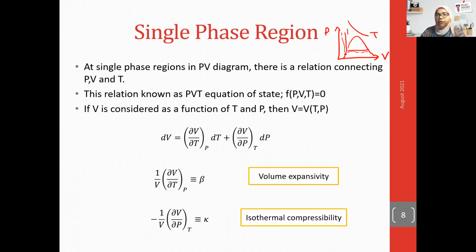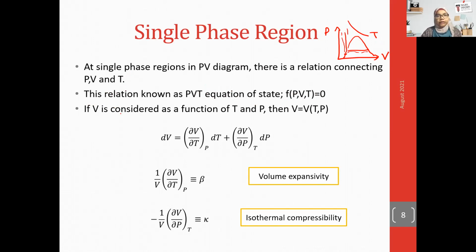So we have the relation of PVT properties, known as the PVT equation of state, or a function of pressure, volume, and temperature.